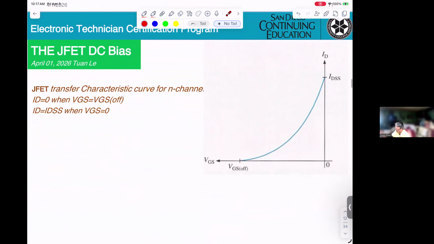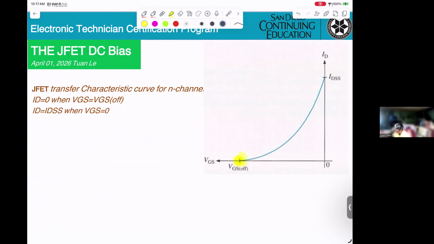The next one, the JFET transfer characteristic curve for an N-channel. First thing, ID equals 0 when VGS equals VGS(off), at this point here. That is VGS(off).